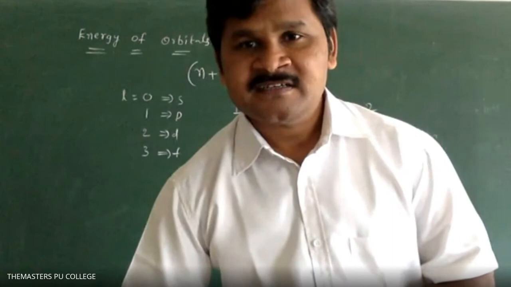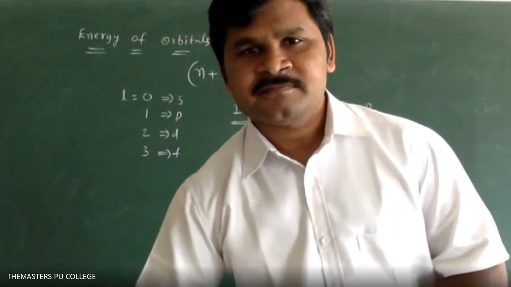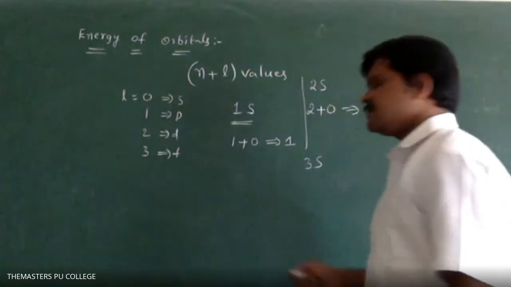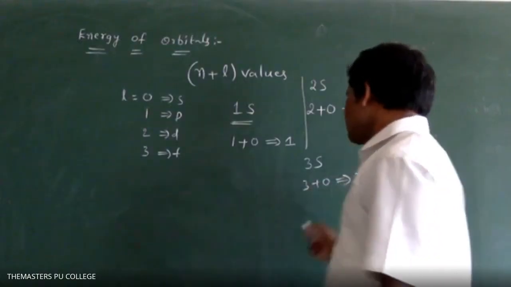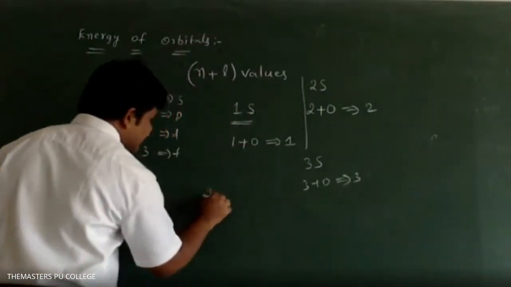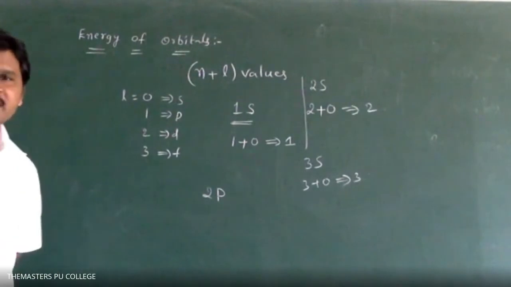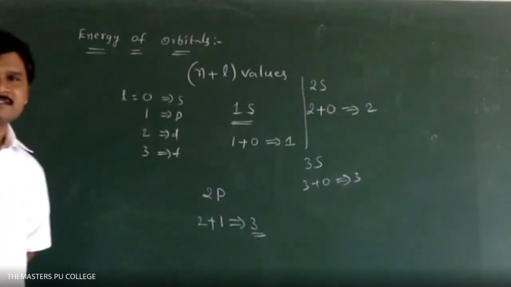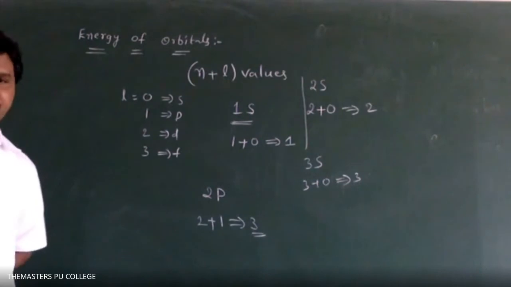Next, the 3s orbital: 3 plus 0, 3. Next, the 2p orbital: 2 plus 1, since the L value is 1. So it is 3. This is the energy of an orbital.